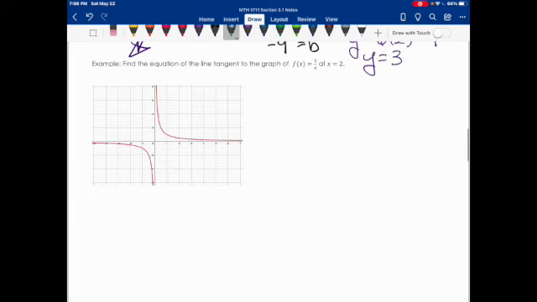But this next example, we still have to find the slope. We haven't done that in a previous example. So the first step, if we want to find the equation of the line tangent to that graph, f of x, at x equals 2, we need to find the derivative at 2. And that will give us the slope of the tangent line.